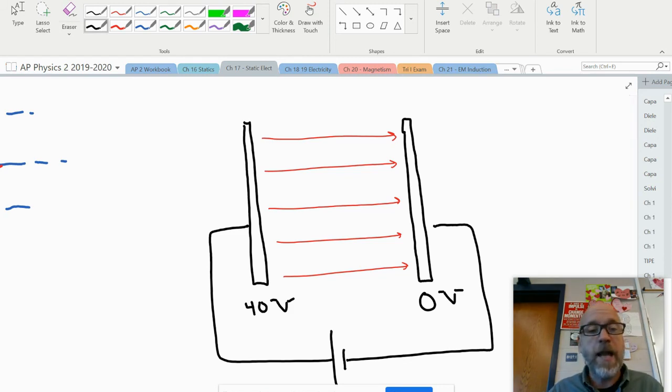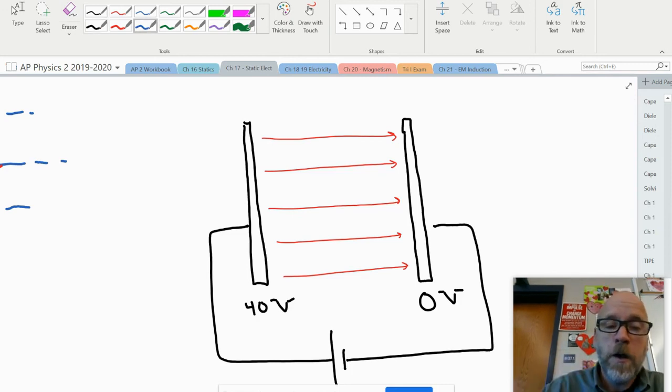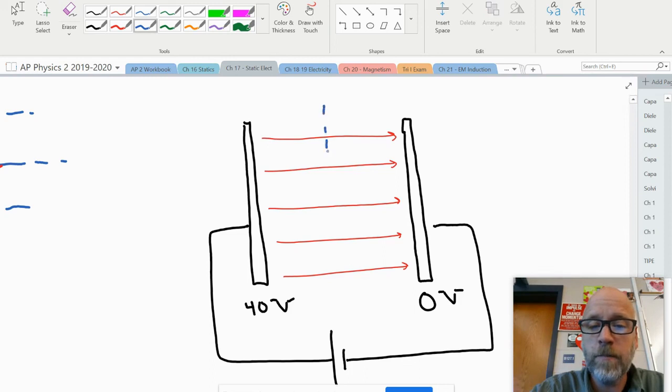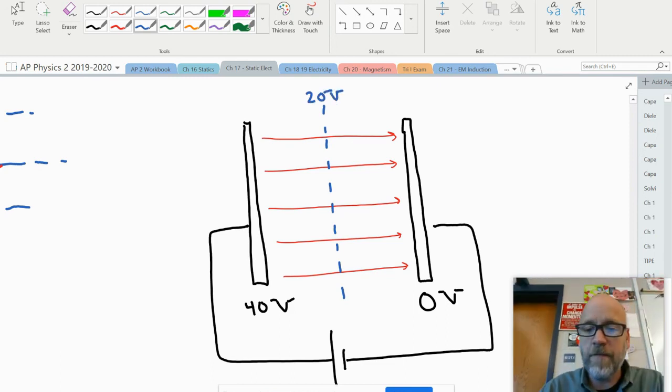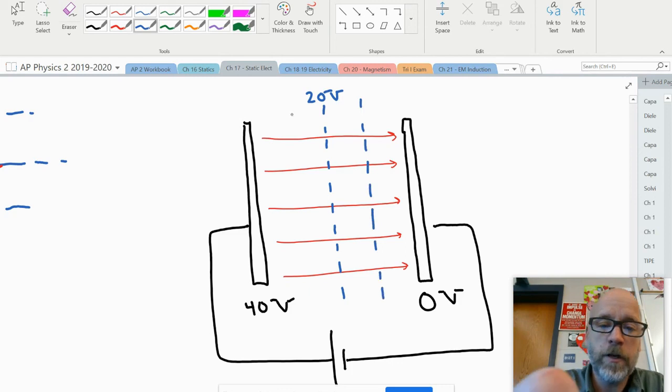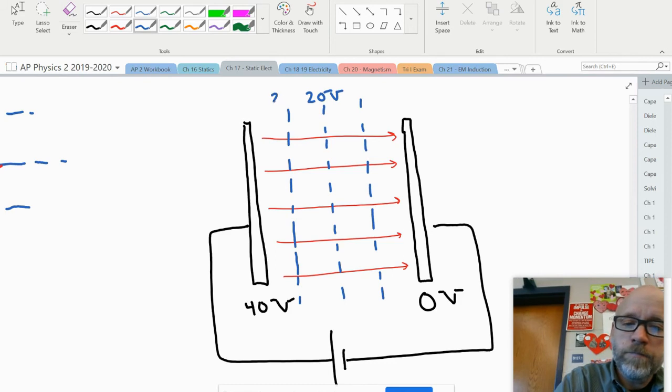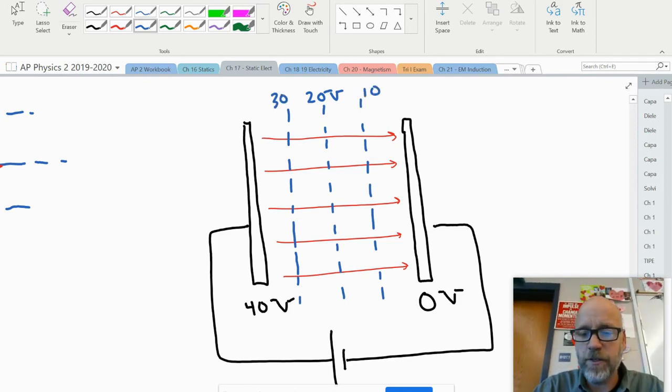Okay. Now, if I were to draw in my lines of equipotential right down the middle, that potential would be 20 volts. If I bisect that on each side, I'd have 30 and 10, and each division would be equal to 10 volts.